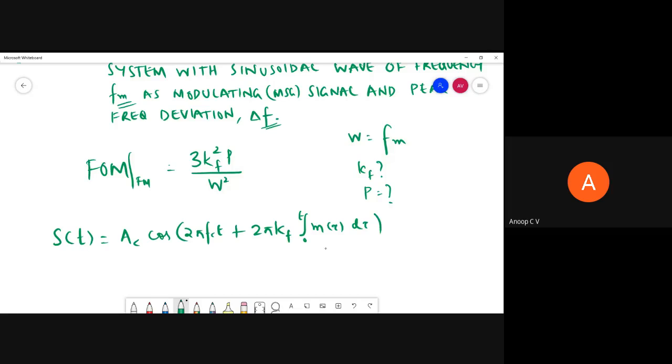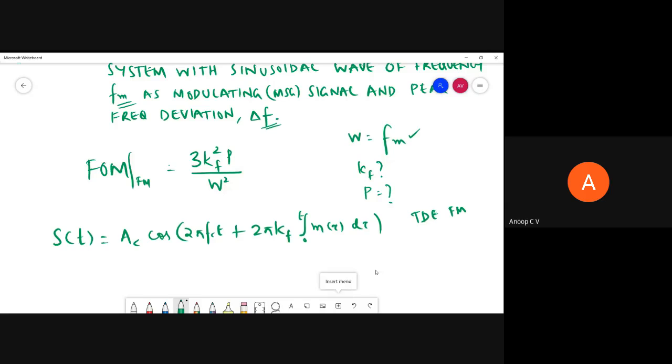Here m of tau as such is not given. What is given is the message frequency, and it's a single tone modulation system. This is the general time domain expression of a general FM signal.